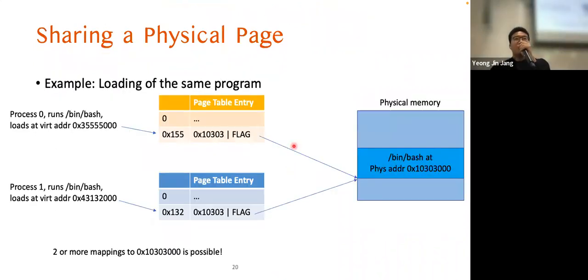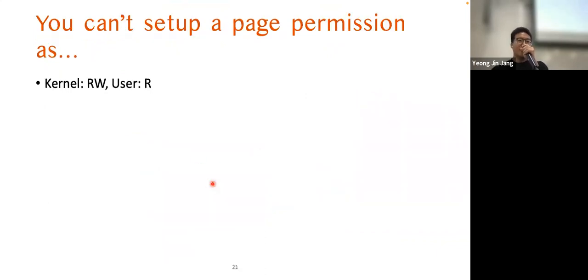So the important thing here is that for one physical page, you could have many virtual addresses. So let's get back to the conflicting page permission cases. Suppose you want to make one memory page read-writable for the kernel and readable for the user.